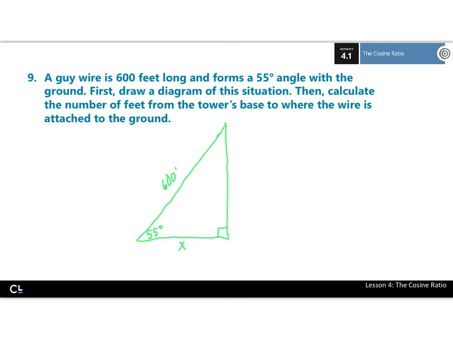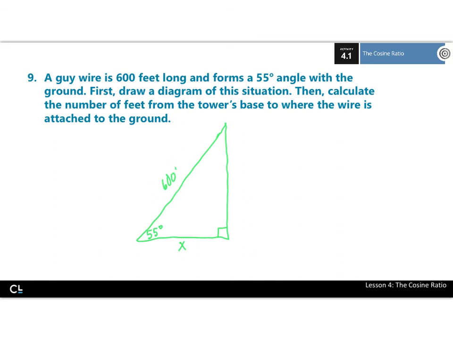So the side length of the triangle that I'm given is the hypotenuse. That's the longest side. The part that I'm trying to find, in relation to this angle here, so my angle of interest is down here, this 55-degree angle, this x that I'm trying to find in relation to this reference angle is the adjacent side. So I want to find adjacent. I'm given hypotenuse.